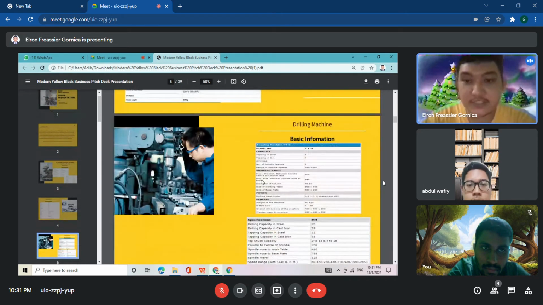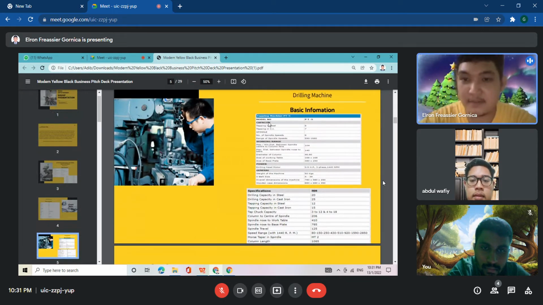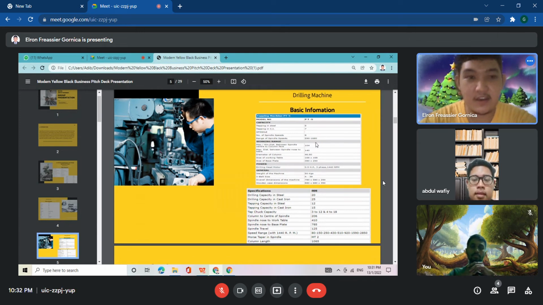For the drilling machine, this is the basic information that we get: the model number is BP5, and the number of spindle speeds is 8. The range of speed that we can use for this machine is 590 to 1080 revolutions per minute, and the maximum is about 1440 RPM.